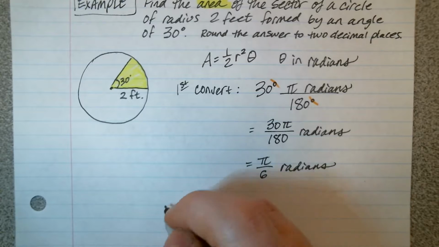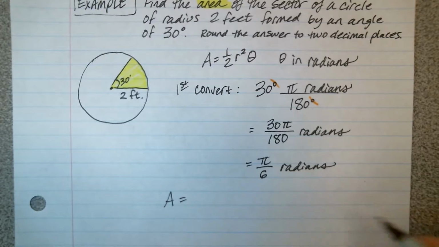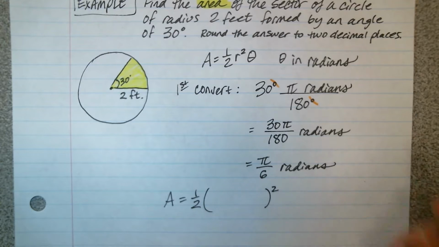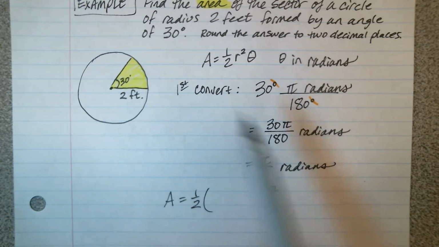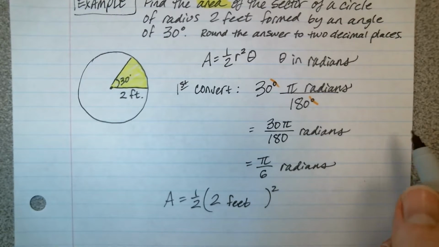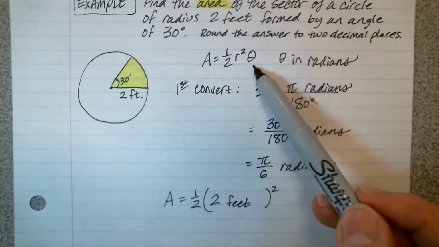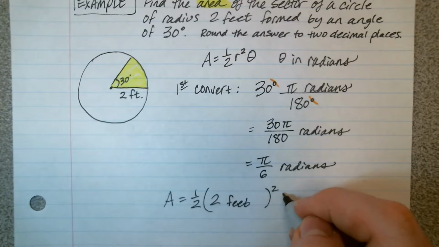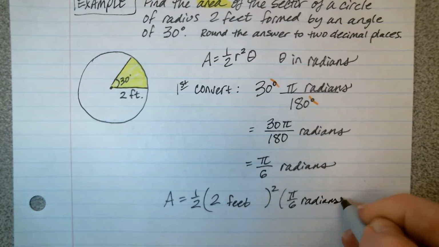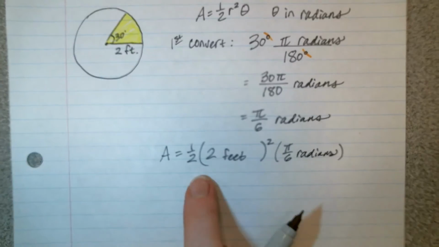So the area of this sector is going to be 1/2 times the radius squared, and our radius is 2 feet. Okay, times the angle theta in radians. So pi over 6 radians. And then we just need to multiply.